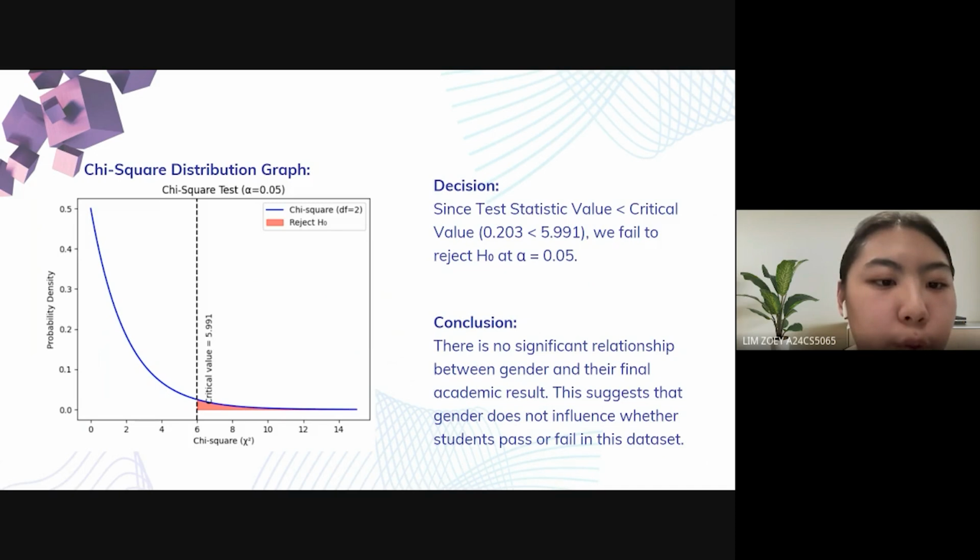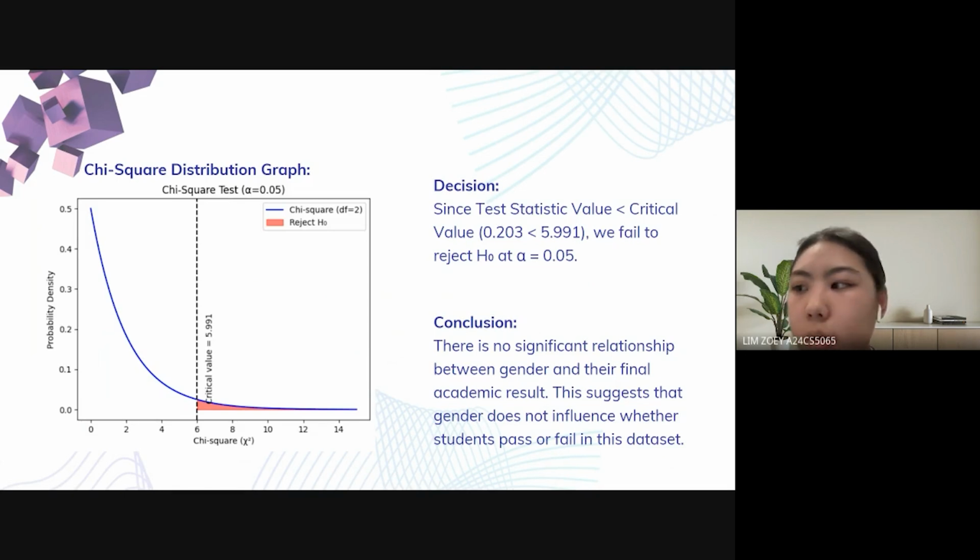So here's the chi-square distribution graph, which illustrates that the test statistic, 0.203, falls in the non-rejection region, while below is the critical value 5.991.